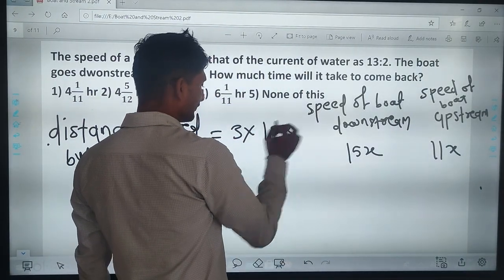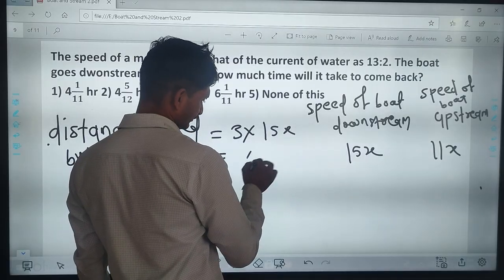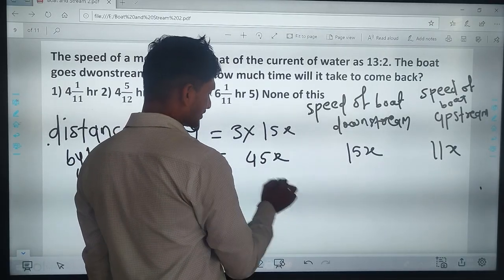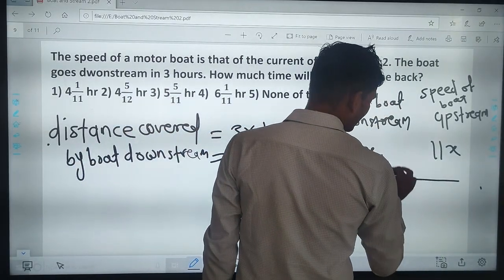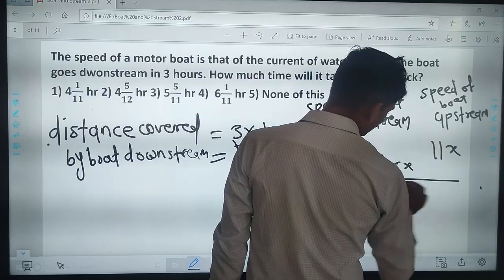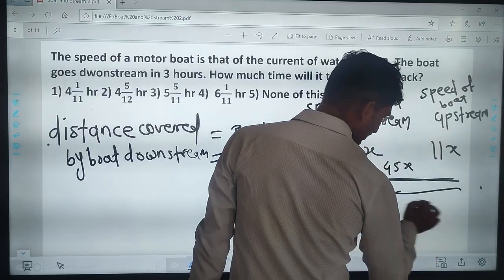That is 45x. Then the boat goes 45x downstream and comes back upstream.